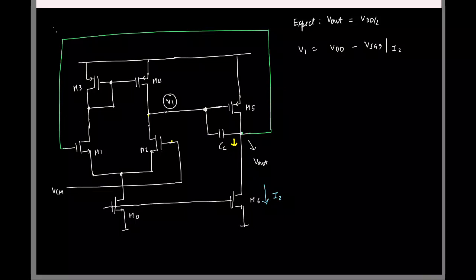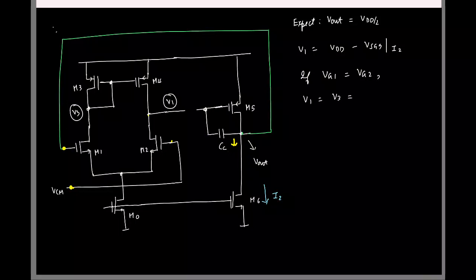Now when I just had the first stage like this, and I made sure that the two gate voltages were equal, what can you say about V1 and V3? They are also equal, right? So I'll make that statement also. If the gate voltages of M1 and M2 are equal, V1 will be equal to V3.